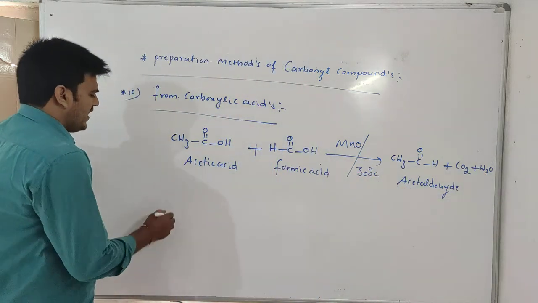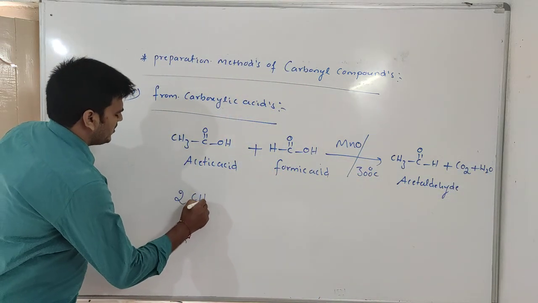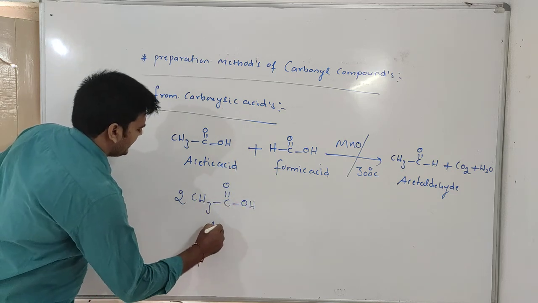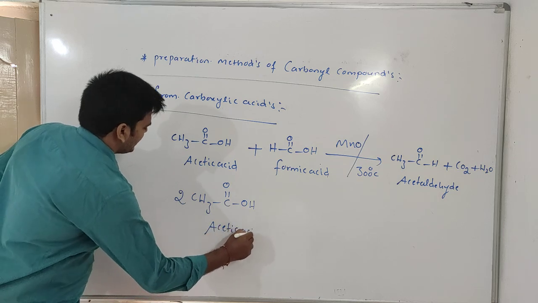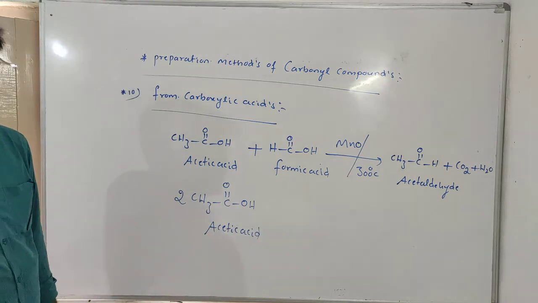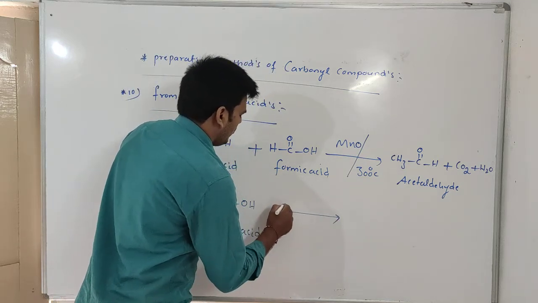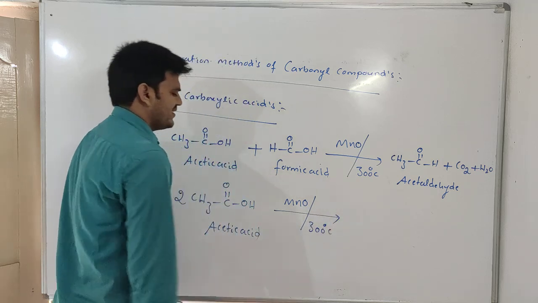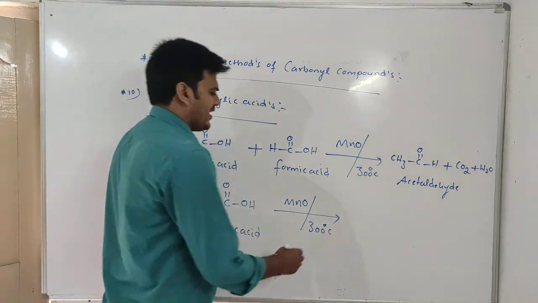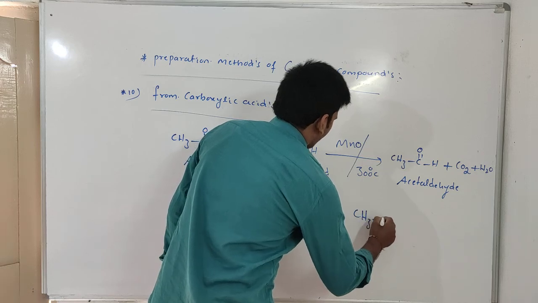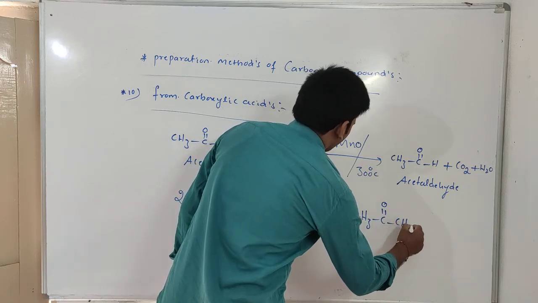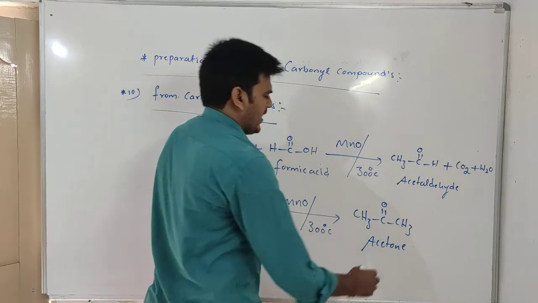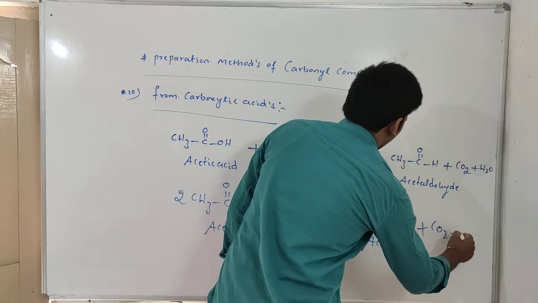Now for example, only acetic acid, but 2 moles of acetic acid, formula CH3COOH. In the presence of MnO at 300 degrees Celsius, acetic acid is directly converted into acetone, formula CH3COCH3. The byproducts are the same, carbon dioxide plus water.